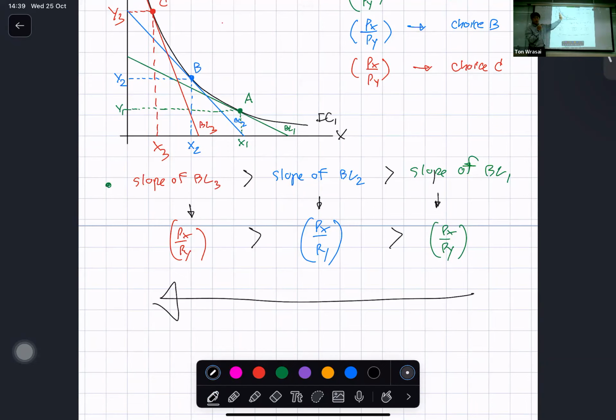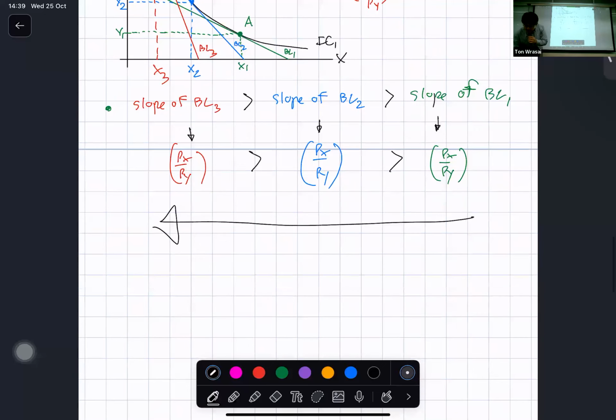Green becomes blue. Blue becomes red. Move from right to left. That means this ratio keeps increasing. What is this ratio? The opportunity cost of pizza becomes more and more expensive. The arrow going this way means that pizza becomes more and more expensive.